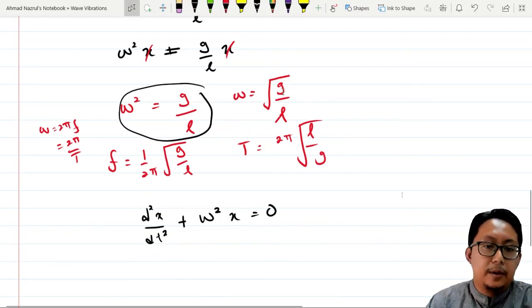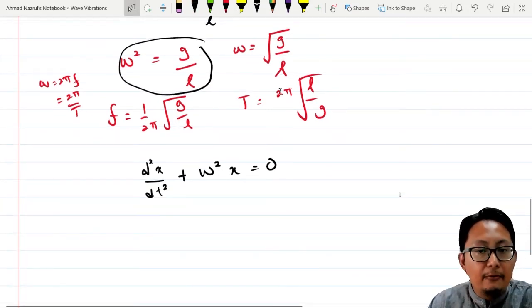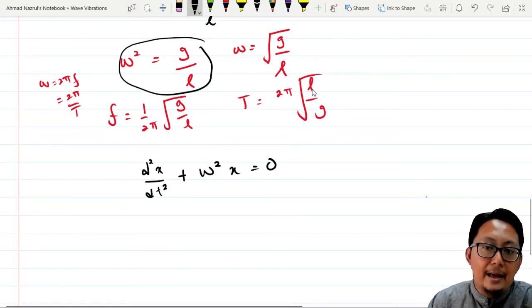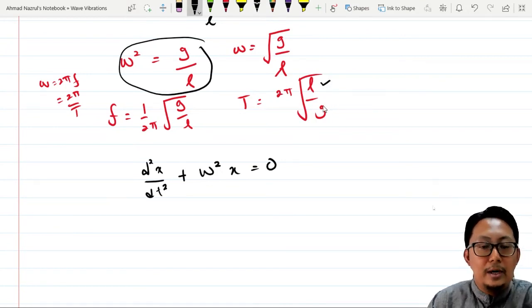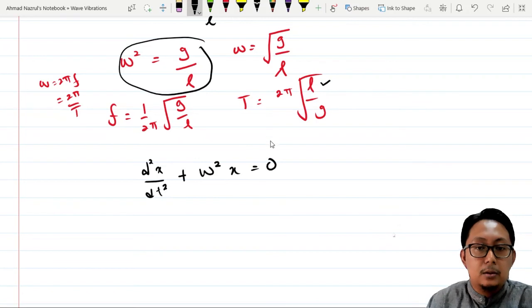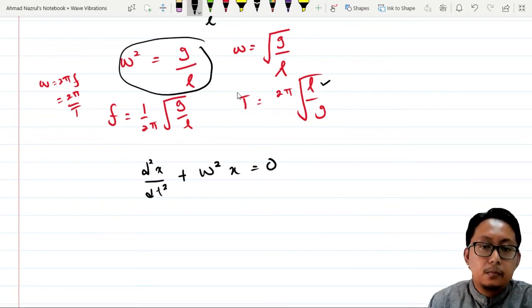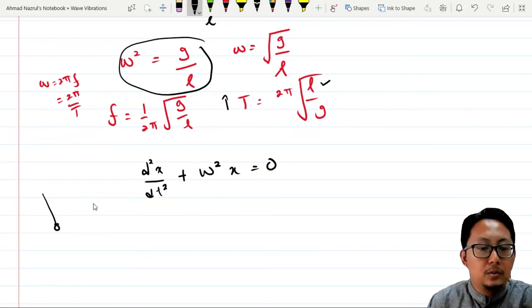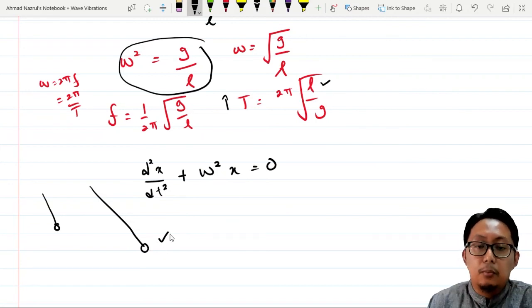So what happens to the pendulum when we have a different length? When we increase the length of the string, the period will increase. That means the longer pendulum will take a longer period to complete one cycle compared to this one.